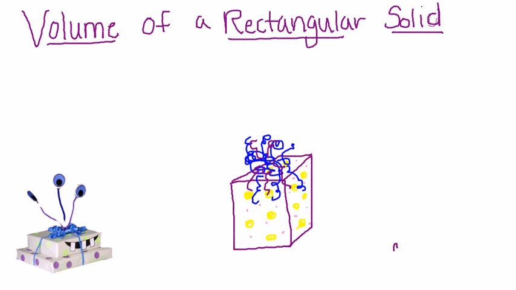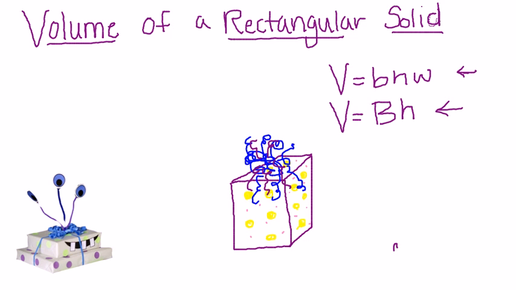They give us two formulas, and I'm going to write them now. Volume equals base times height times width, something like that. I don't know if that's the exact order. And then the other one that they give you is this one with the big B and two letters. Can you see where, instead of having to calculate 3 like you do here, you only have to calculate 2? So this is the preferred formula. It will be the formula that you use in middle school because this formula can be used for all solids.